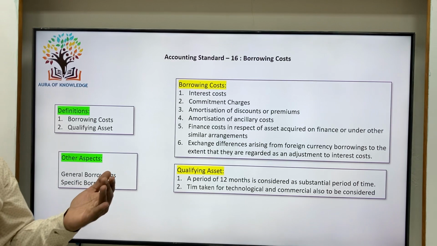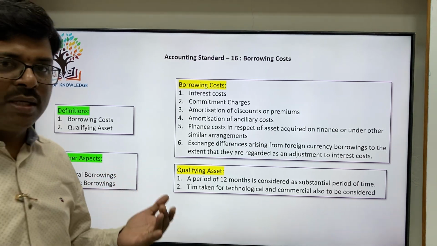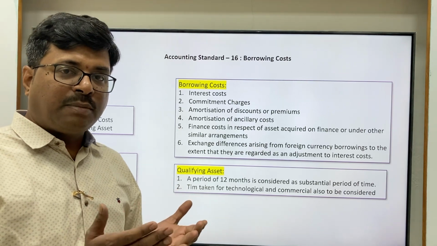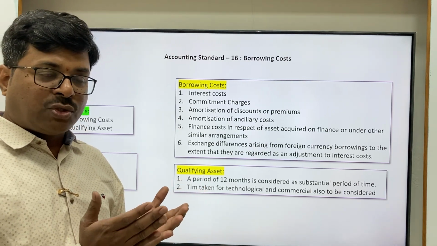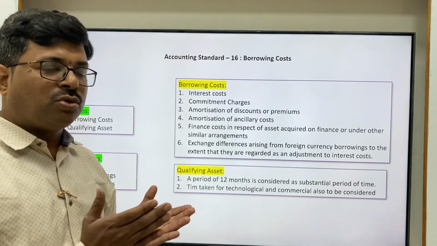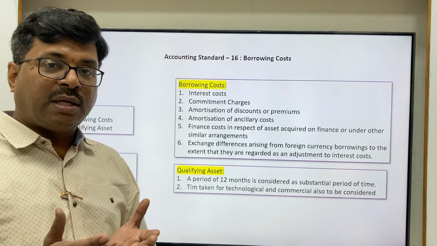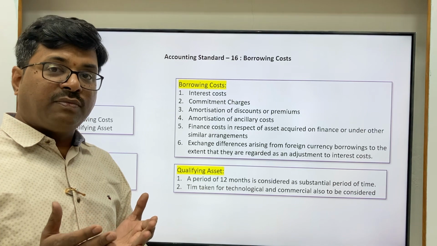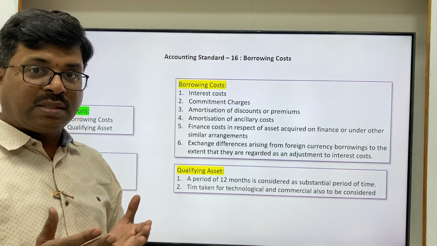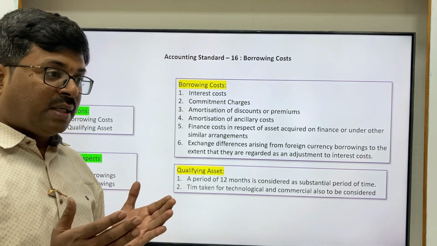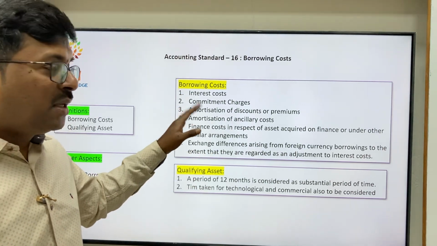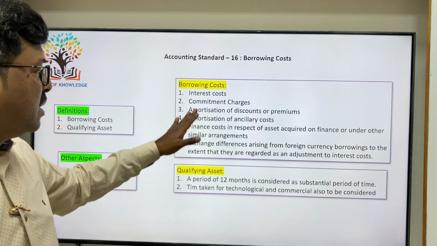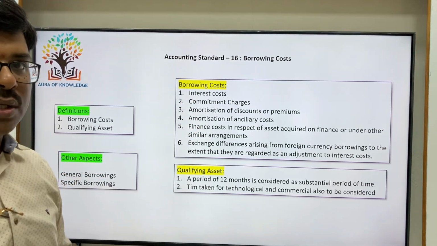When funds are borrowed in foreign currency, to what extent that exchange difference has to be taken to borrowing cost and to what extent it has to be taken to Accounting Standard 11, accounting for changes in exchange rates. This is the major aspect in the standard. So all these costs form part of the borrowing cost.